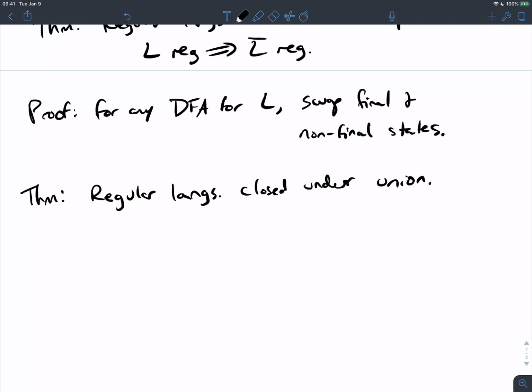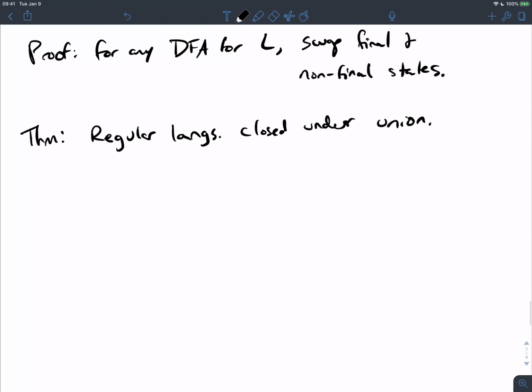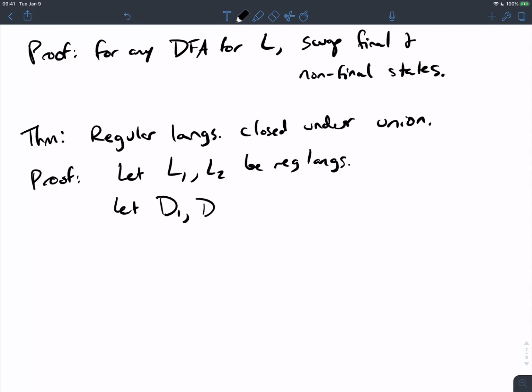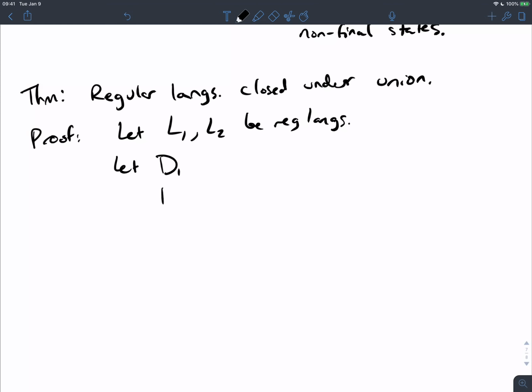Maybe we can try to combine the DFAs somehow. So maybe let's give definitions to help us out. Let L1, L2 be regular languages, and let's say D1, D2. I actually should give names to the 5 parts.